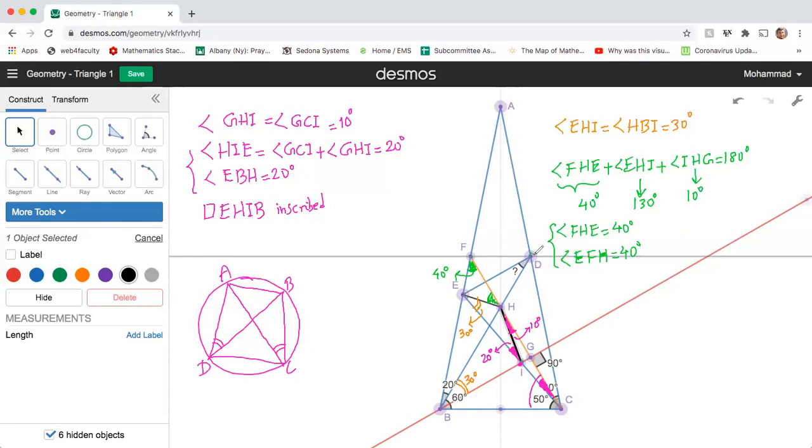So both points E and D are equidistant from F and H. So as a result, DE is the perpendicular bisector of FH. And in particular, this should be 30 degrees because this angle was 60 degrees. And so this is the angle bisector, and so this should be 30 degrees. So the angle EDH equals 30 degrees.